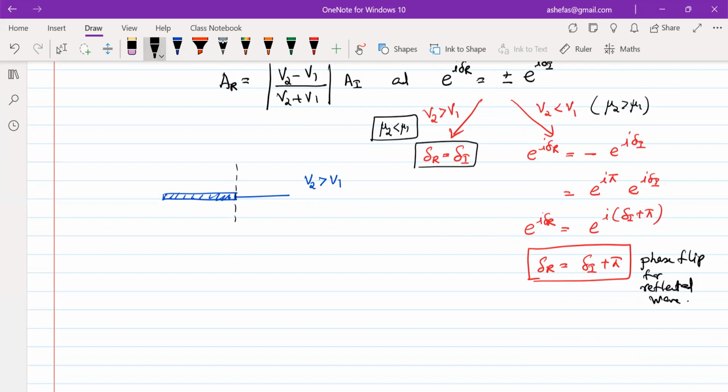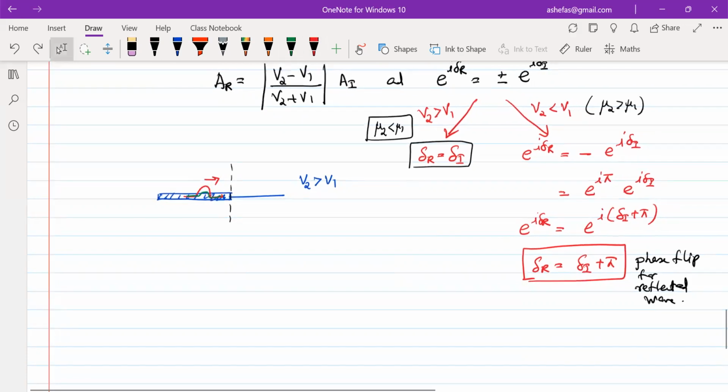The incident wave and the reflected wave have the same phase. So if this is your incident wave, then the reflected wave would look like this. There is no phase flip.